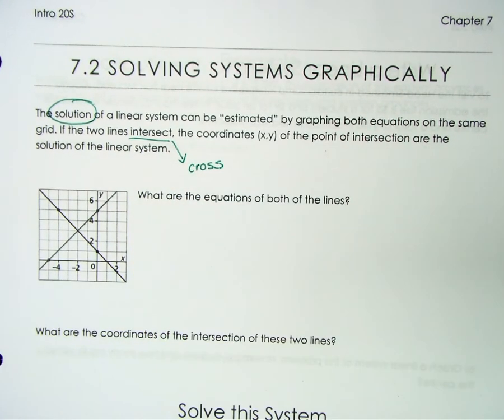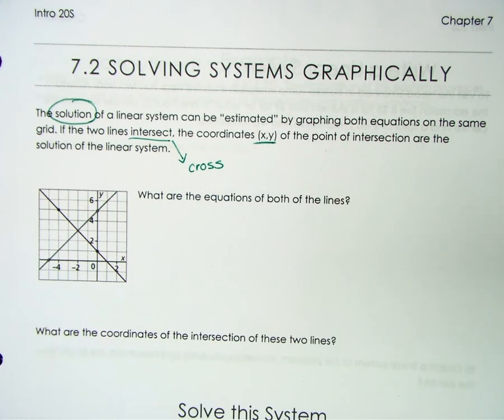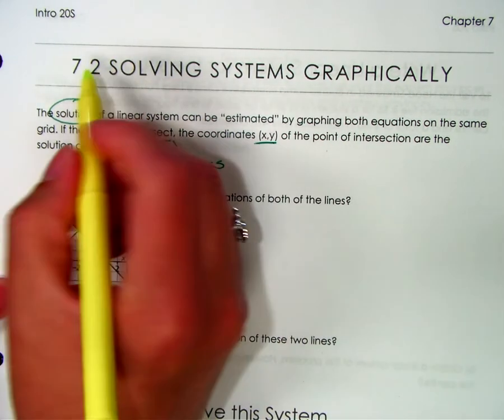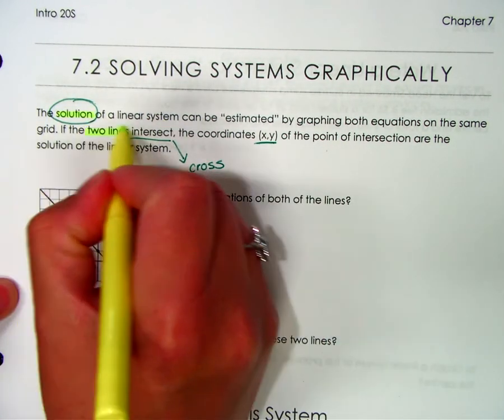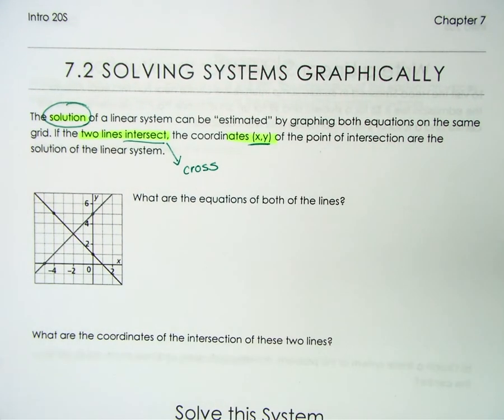It's not an intercept. An intercept's where it crosses an axis. An intersect is where the two lines cross each other. And you need to give it as a coordinate pair. So that's it. So you just need to remember that the solution is where the two lines intersect, and you have to give it as a coordinate pair as x, y.